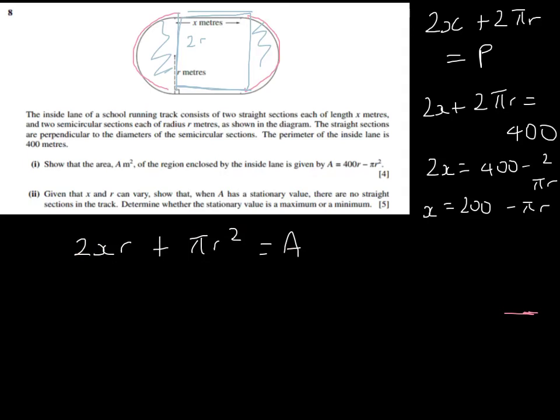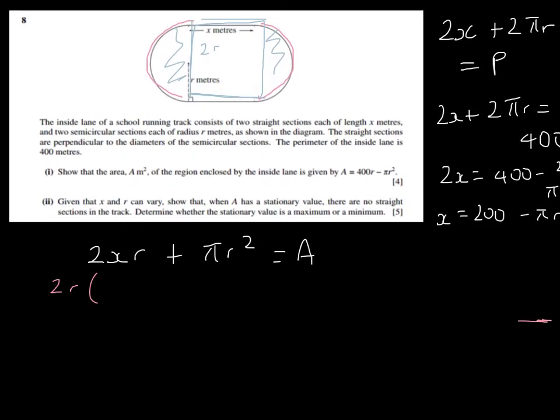So what I can do now is substitute in, leave the 2r, substitute the x in this part here, so 200 minus pi r in there, and leave the pi r squared, like that. And then I can expand it out.